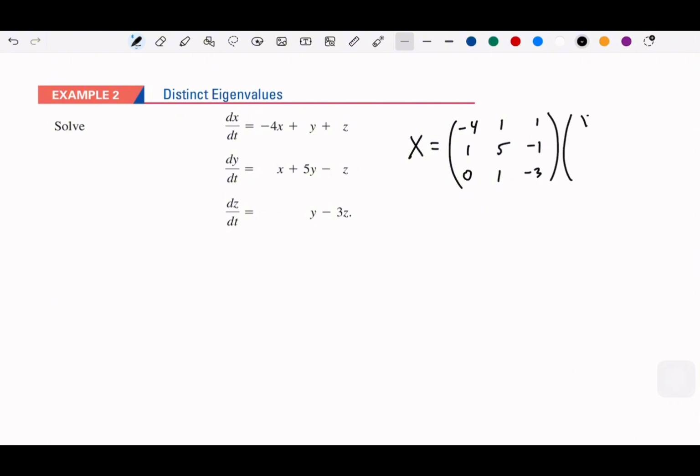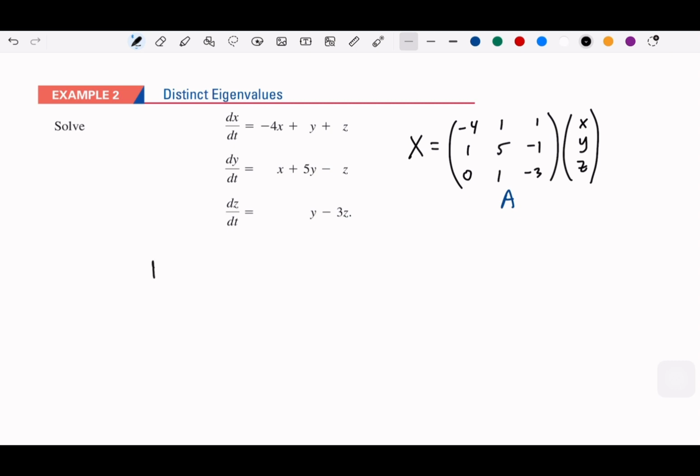And this will be x, y, z. Let me make x smaller. So this is our matrix A, the coefficients, and we are going to take the matrix A to find the determinant, completing the eigenvalue solutions.